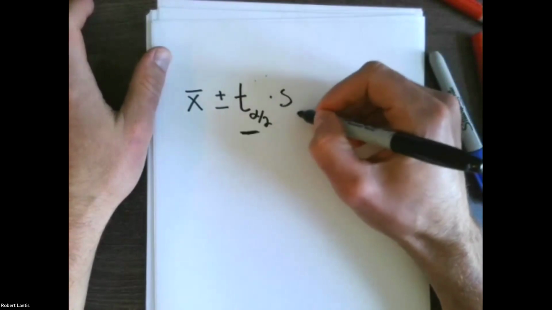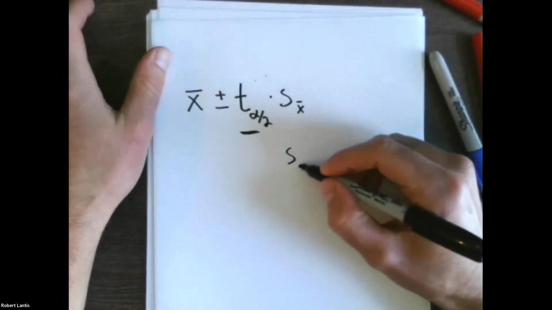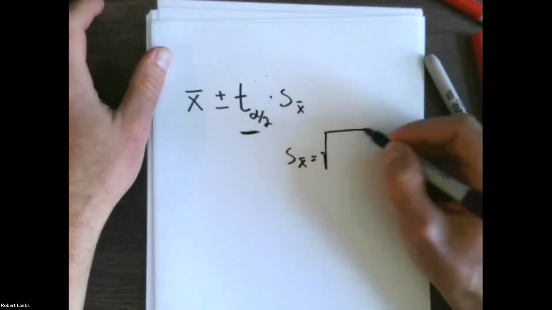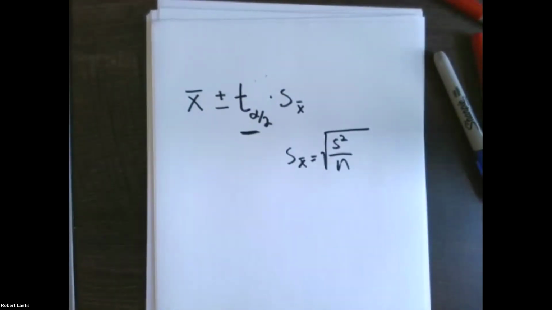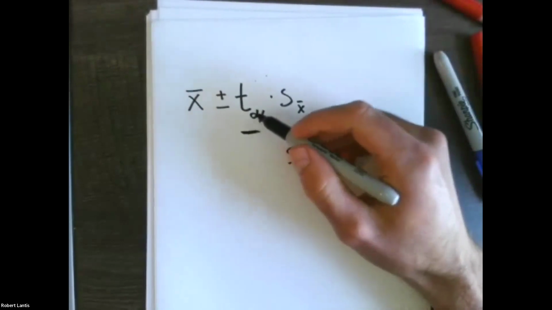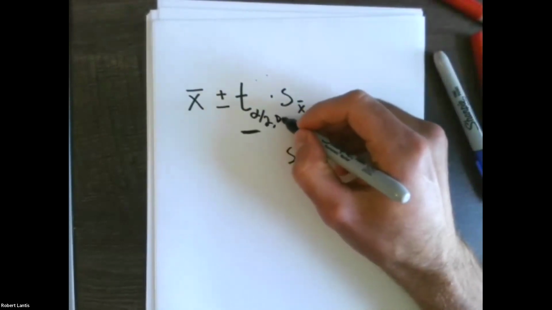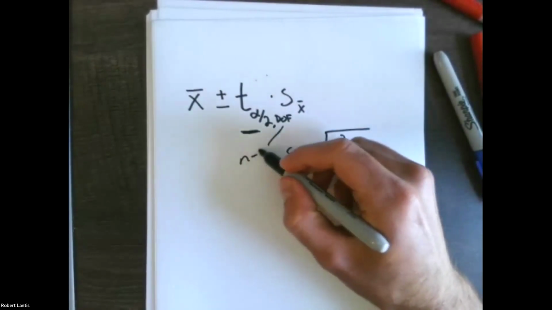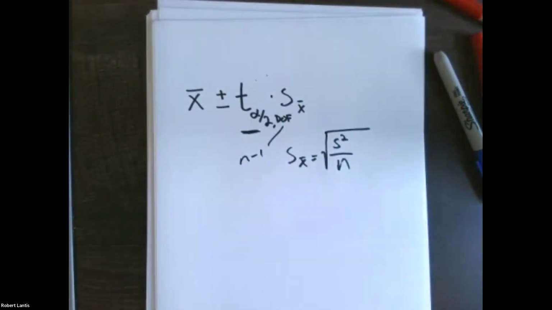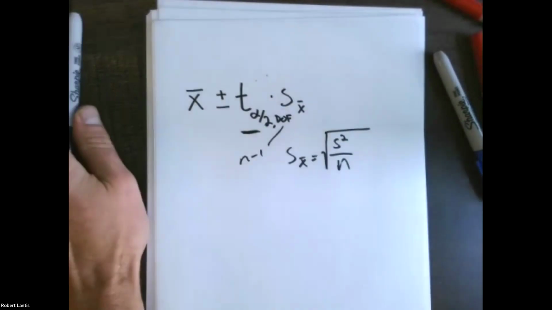And then the standard deviation of my sample means is the square root of whatever sample variance I've calculated over my sample size. And I also forgot how to identify which student t distribution to use. That's my degrees of freedom, which is just n minus 1. Okay, so let's go back to the data.